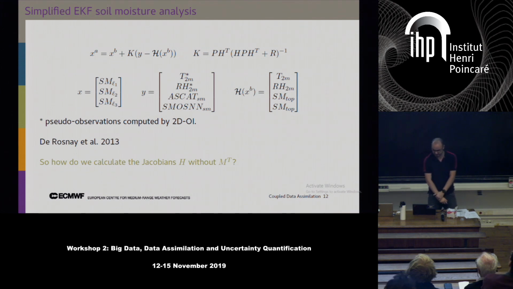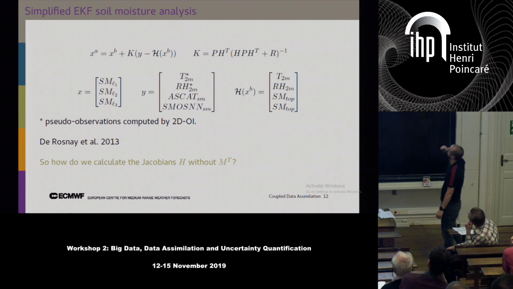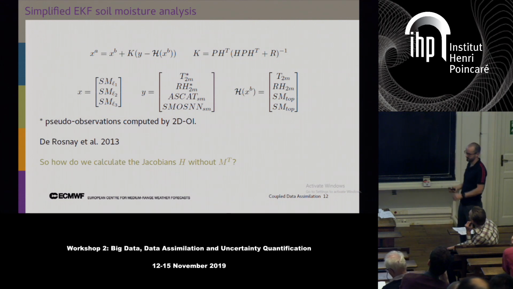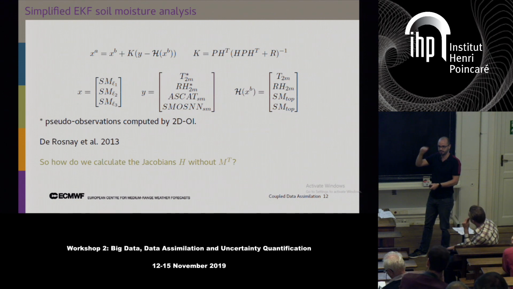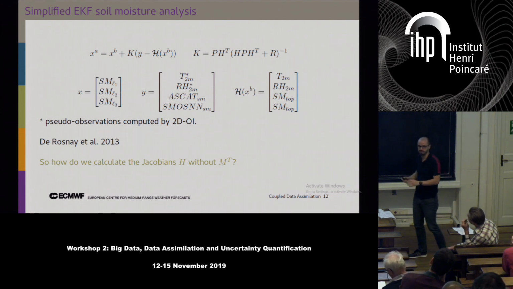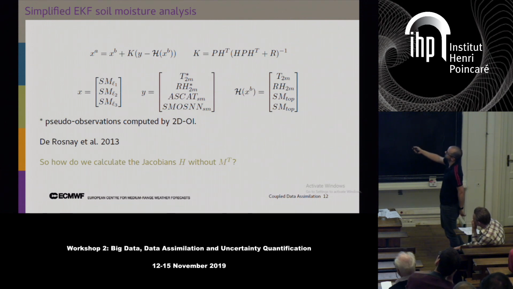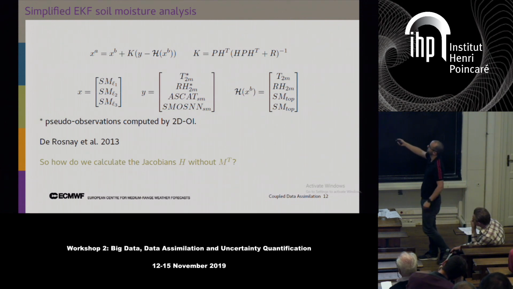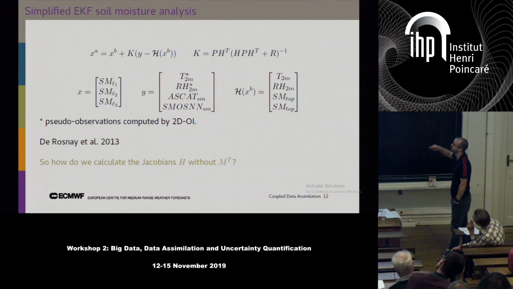So we do an EKF. So we have our Kalman filter equations, essentially. Our soil moisture state, we have 4 levels of soil, and our state is going to be the top 3 soil moisture grid boxes. The deep soil moisture we don't analyze. Observations which we use are going to be pseudo observations of the 2-meter temperature and the relative humidity, which we just mentioned.